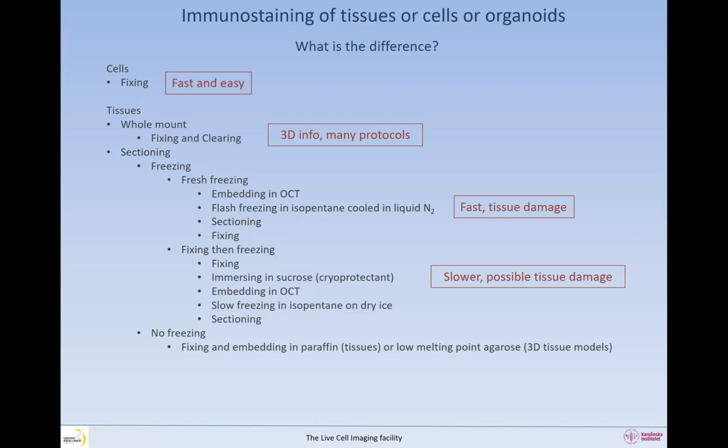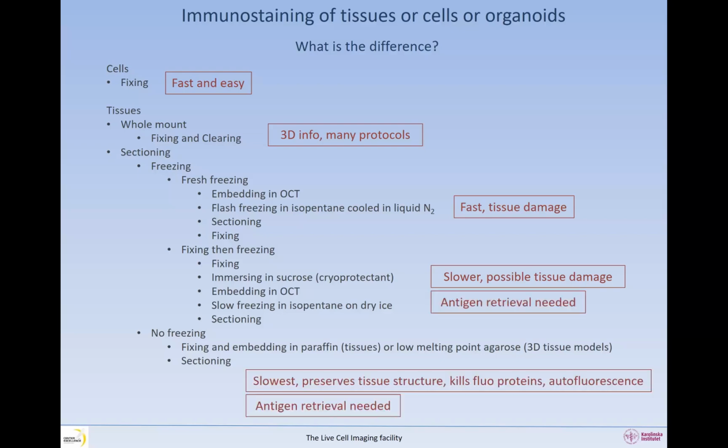After you have embedded your samples, you can cut them in very thin sections. The paraffin-embedded sections and blocks can be stored for a very long time. There are unfortunately some disadvantages with this method.